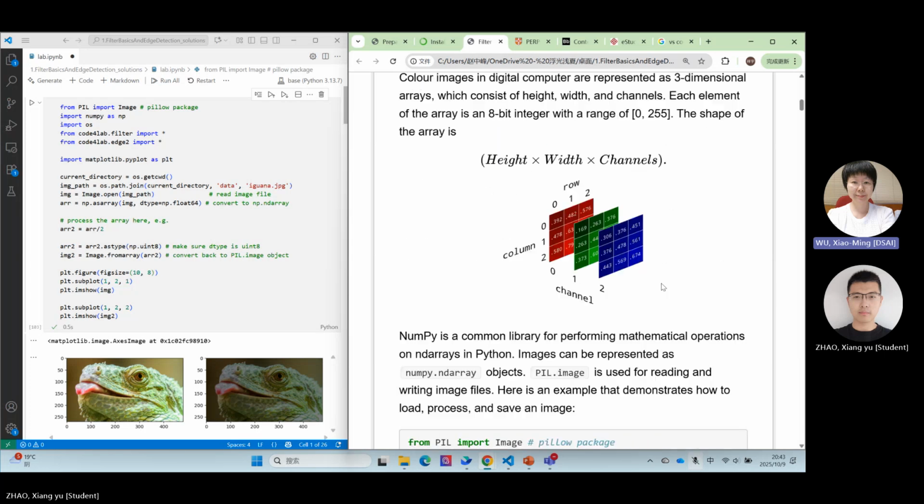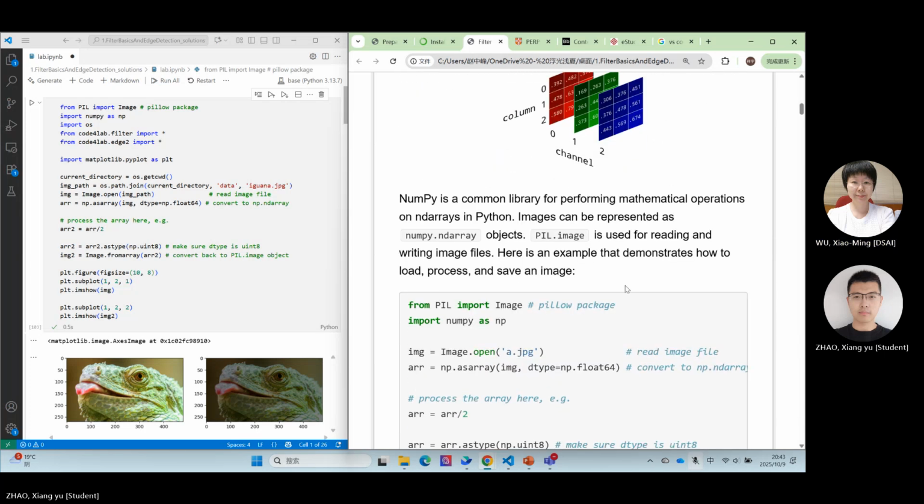Okay. How to process the n-dimensional arrays? We should use NumPy. NumPy is a common library for performing mathematical operations on ND arrays in Python. Images can be represented as NumPy's ND array objects, and you need to use the Pillow package, PIL Image, to read images, and use NumPy array objects to operate on the images.